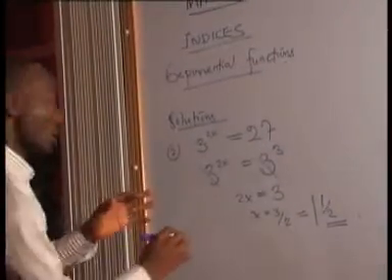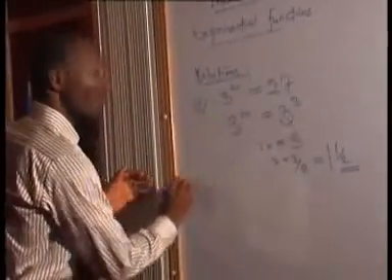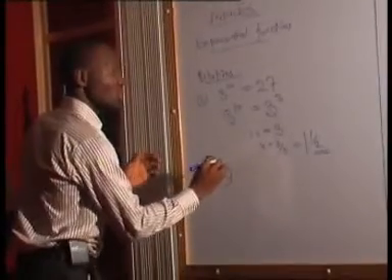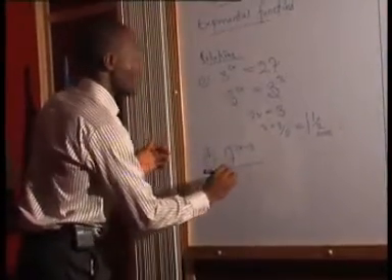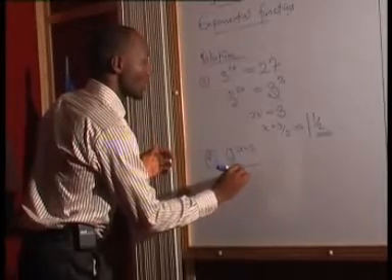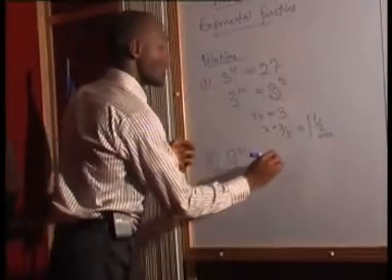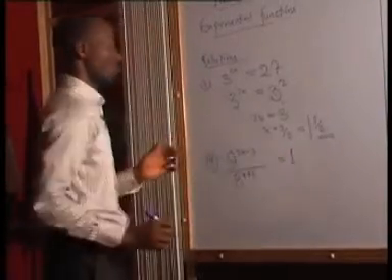Then this second one, I'll be taking number 4. 9 raised to the power 2x minus 3 over 3 raised to the power x plus 3 equals to 1.